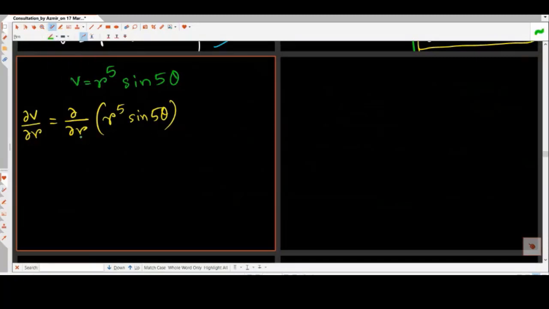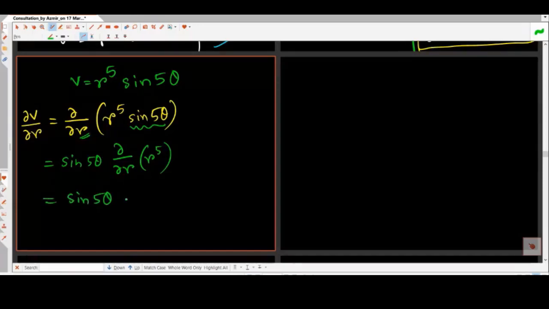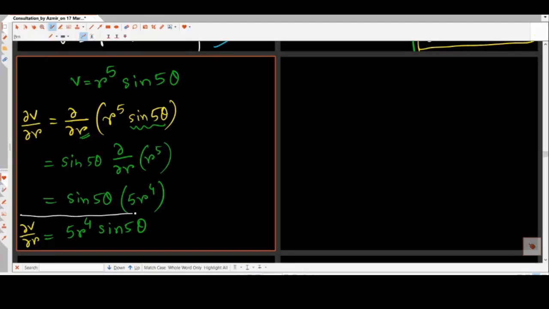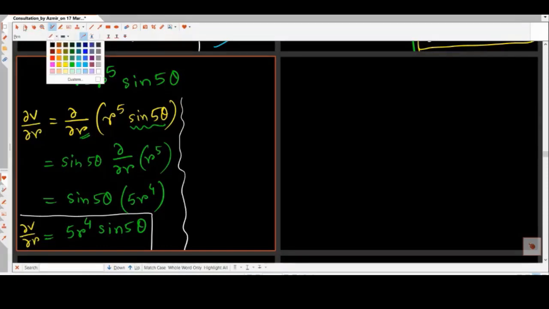Again, we are differentiating in terms of r, so theta will be constant, that means sine 5 theta is constant and can be written before. So sine 5 theta times d dr of r to the 5, whose derivative is 5 r to the 4. So finally we have 5 r to the 4 sine 5 theta. This is dv dr. So we have found this one too. Similarly, let's find dv d theta.